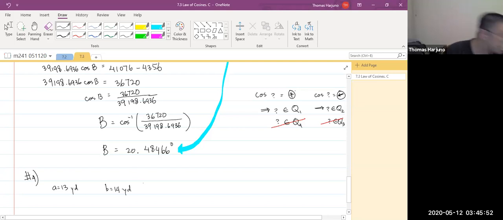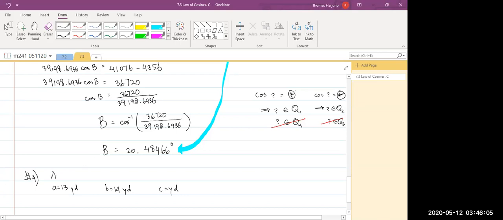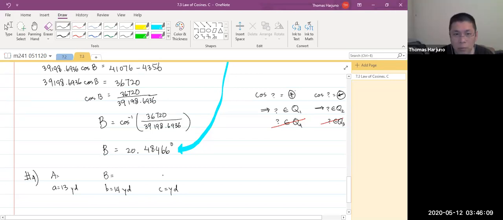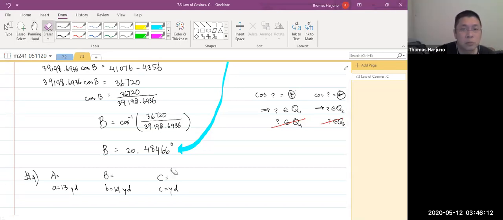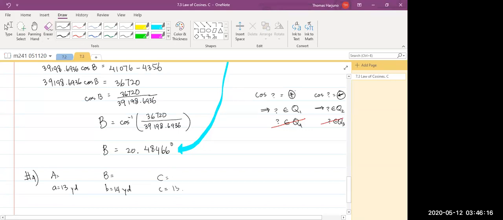And side C is 15 yards. And the question is, find the largest angle. Which is the largest angle? B. Huh? What? B. Why? My bad. My C is 15. Oh, C. Yeah, angle C is the largest angle.